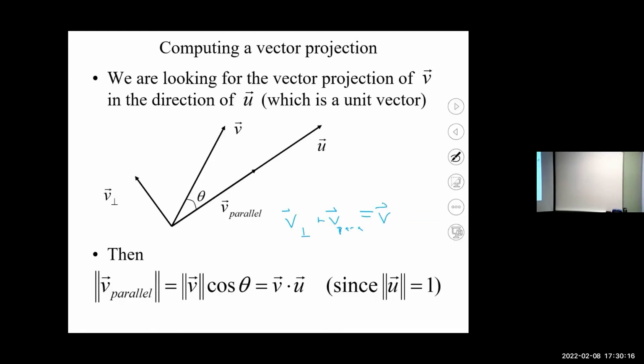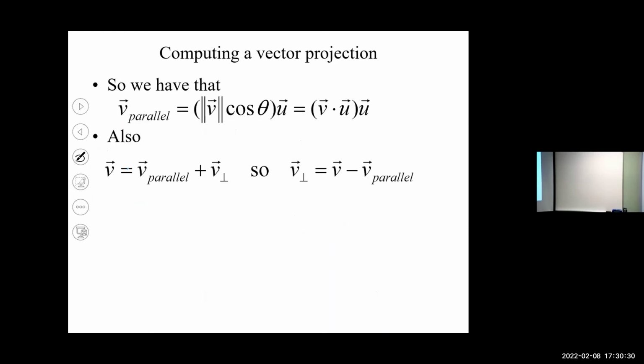We know V because it was given to us, so we can always find V perpendicular by doing subtraction. There's not a whole lot of instances where we're going to need V perpendicular, but I have it on here, so I figured I'd just mention what it's referring to.